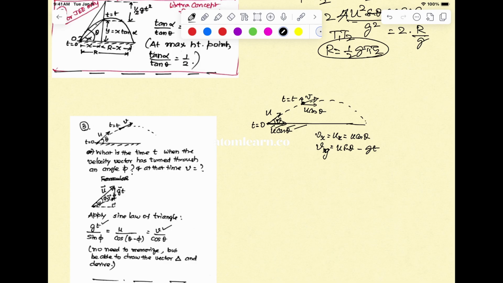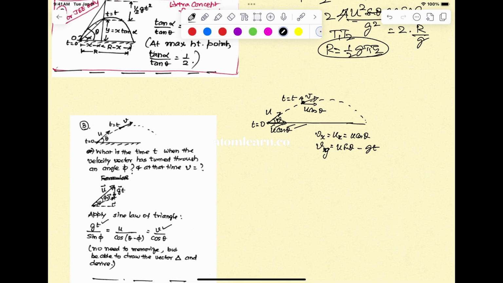Therefore this becomes less and less as we go along. Now the question may be asked: what is the time t after which the velocity vector has turned through an angle phi?